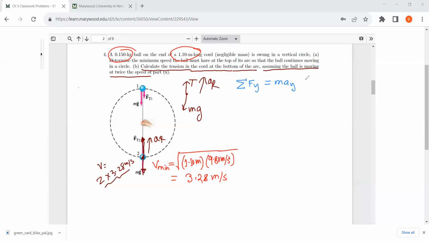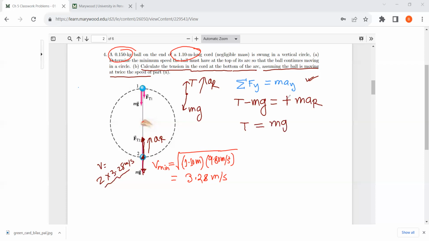Now if we write Newton's second law, we have positive T, negative gravitational force, and then positive m a_r. So we have to calculate T.